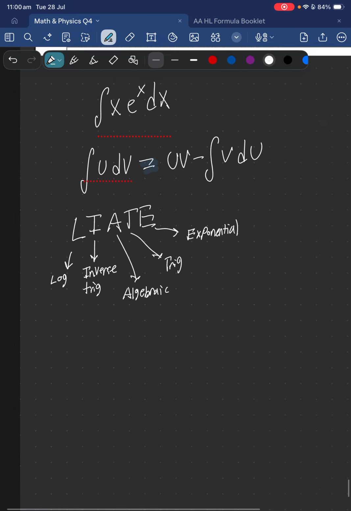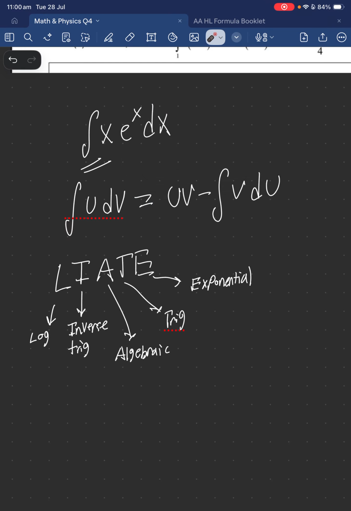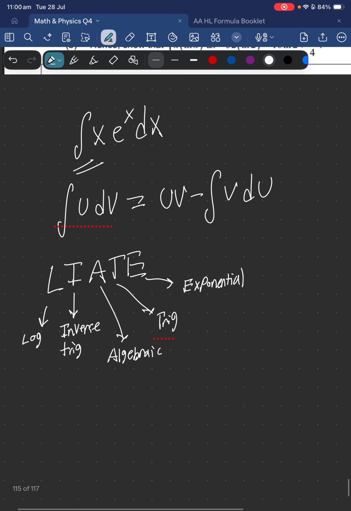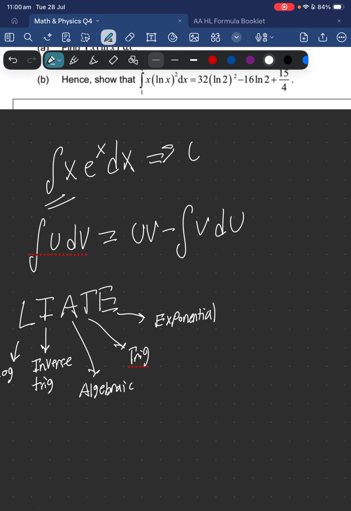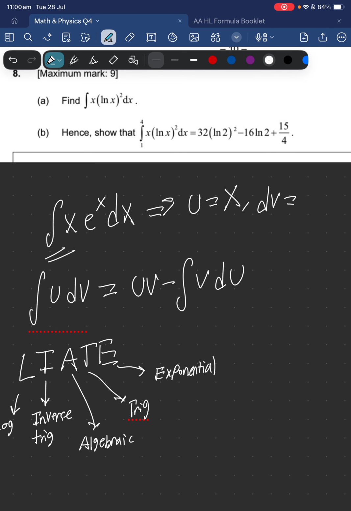So if we look at our practice problem up here, x is algebraic and e to the power of x is indeed exponential. And you can see that algebraic is prioritized higher than exponential. Therefore, for this we will set u equal to x. And because of that, dv is always going to be e to the power of x dx.